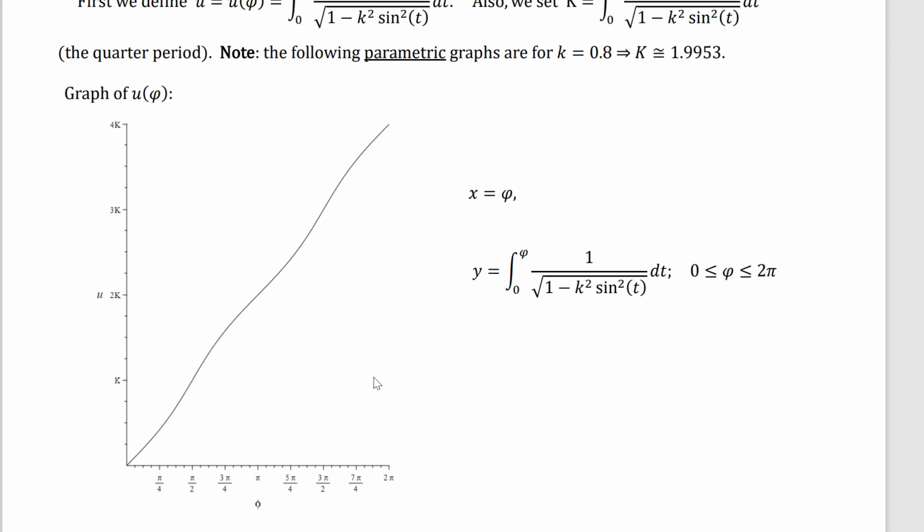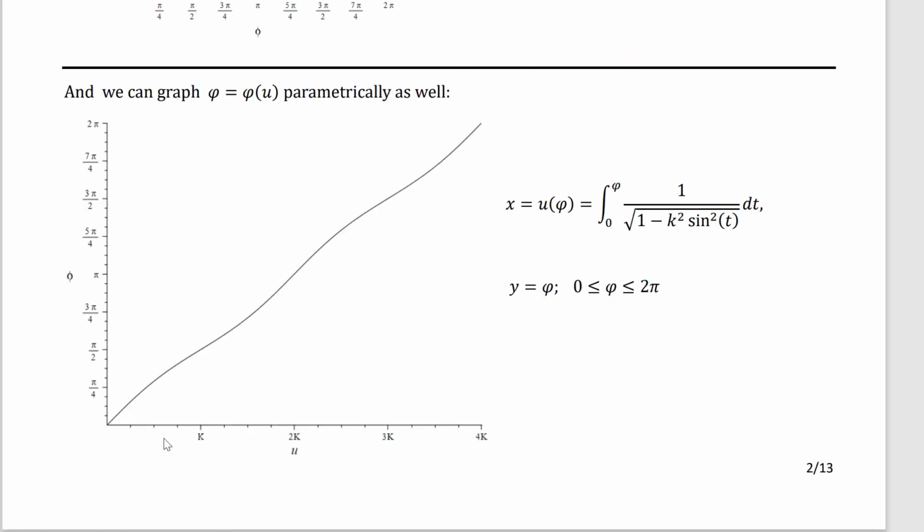So that's how you can graph u in terms of phi, just from the definition. That one's super easy. But if I want to graph phi in terms of u, then parametrically all I have to do is switch the x and y there. So now I'll have the horizontal axis be u, and then the vertical axis be phi. So that now gives me the graph of the Jacobi amplitude, or phi in terms of u.